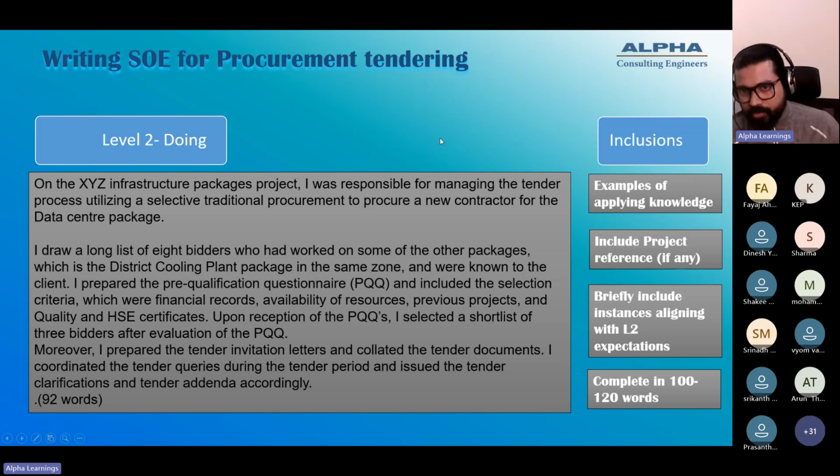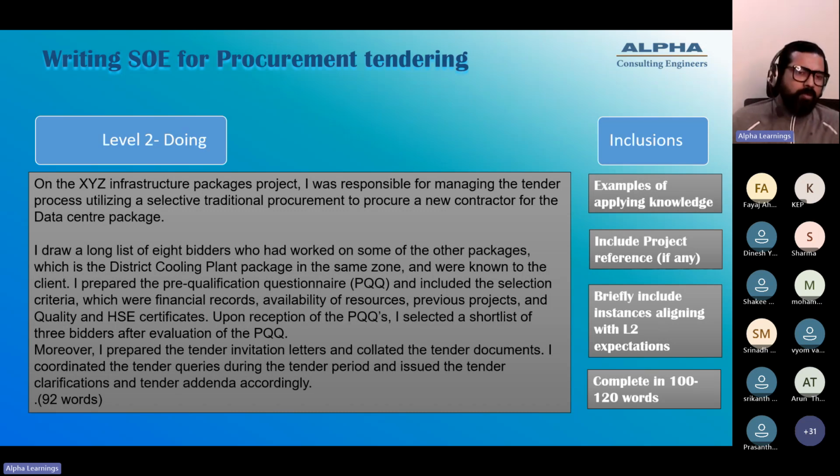Now next is doing. When you are writing level 2, you have to provide project specific examples where you have demonstrated that competency practically. Say for example, this is one summary of experience for procurement and tendering. Here the candidate has written that in so and so project, he was responsible for managing the tendering process, utilizing a selective tendering procurement to procure a new contractor.